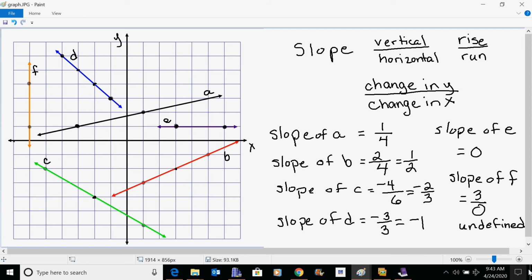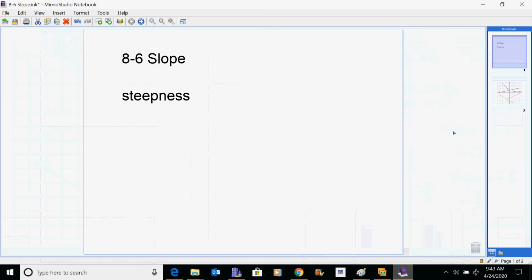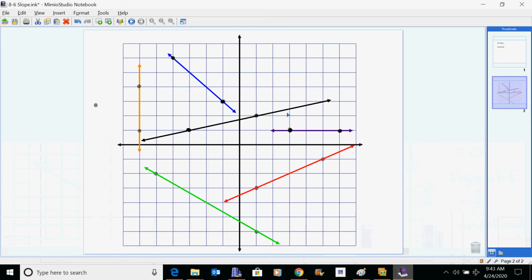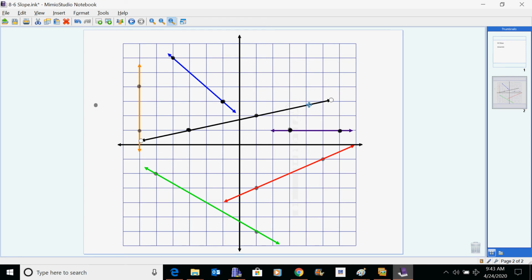Okay? Now, that looks like that. I would like us to look at this for a minute, and I want to just put another concept in your head. If this line is here, it has a slope of 1/4. But if I take that and I drag it and I move it somewhere else, it still has a slope of 1/4.